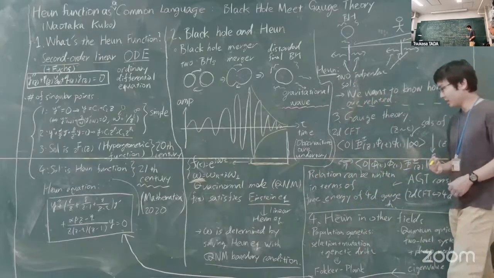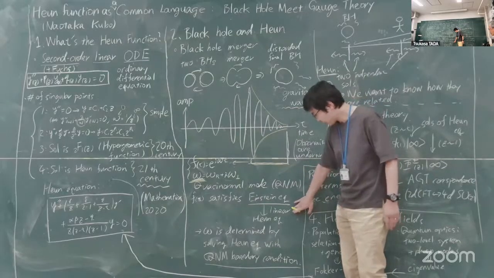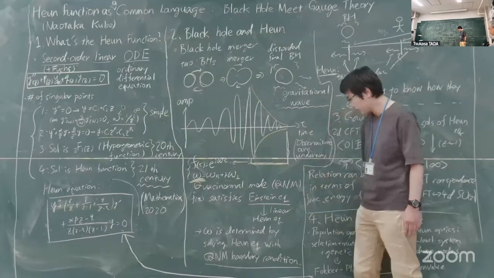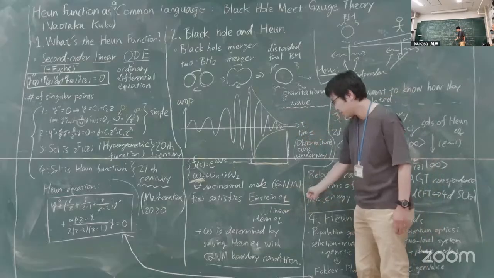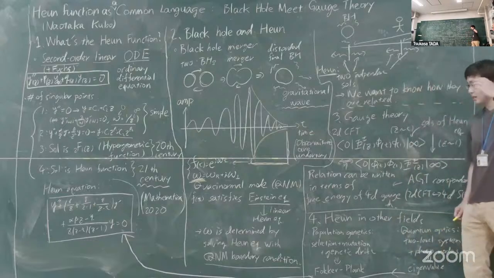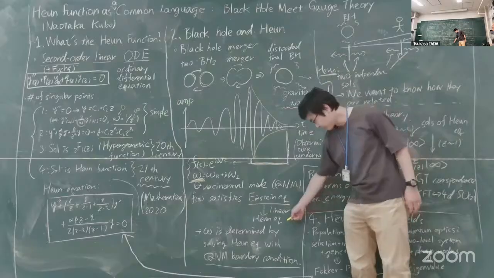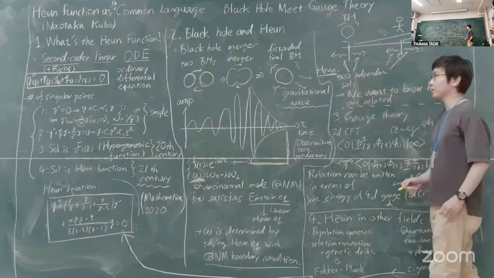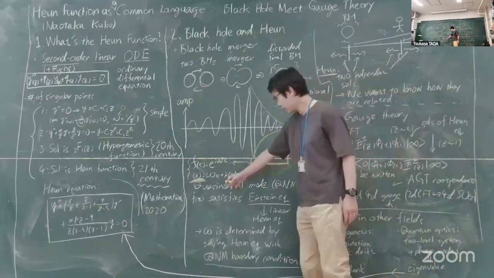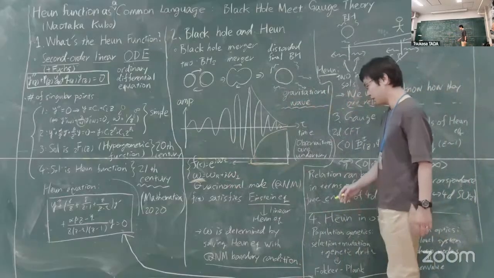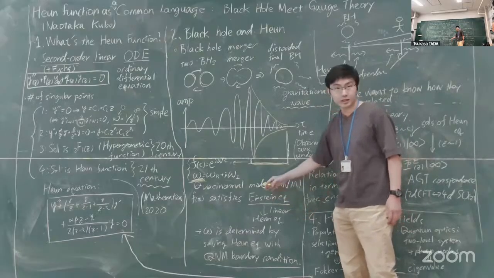As a first step, let us consider the linear case; let us linearize the Einstein equation. Then in this black hole case, the Heun equation appears. So in this sense, omega, the quasinormal mode, is determined by solving the Heun equation.